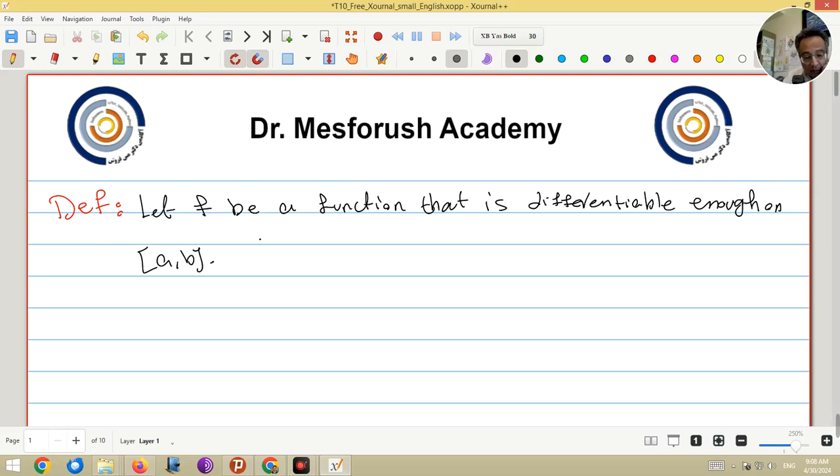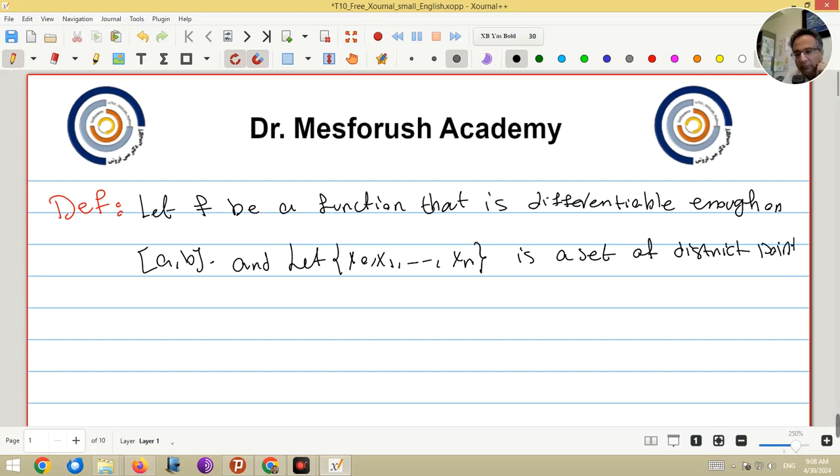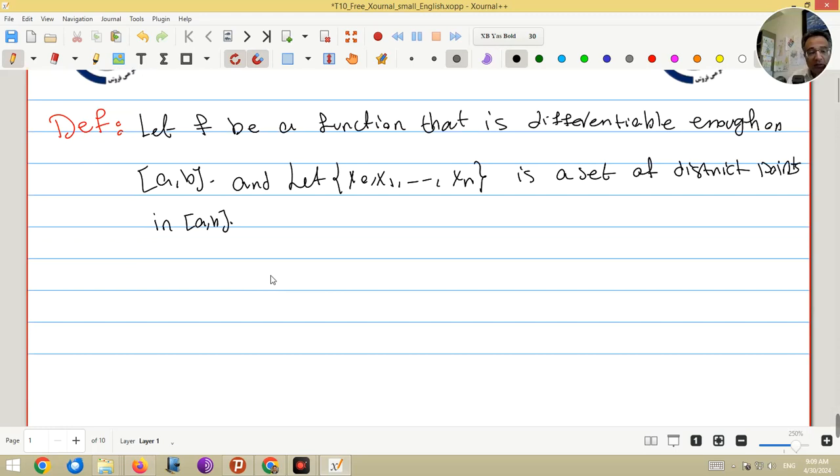Now let x0, x1 to xn be a set of distinct points in A and B. Now, we want to find a polynomial, so let me write something like this.